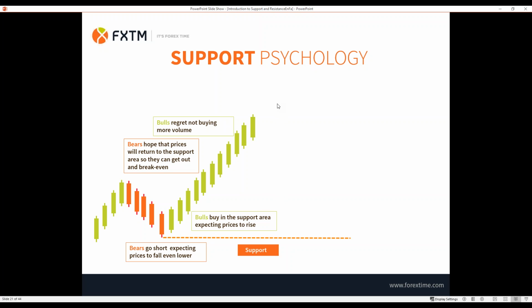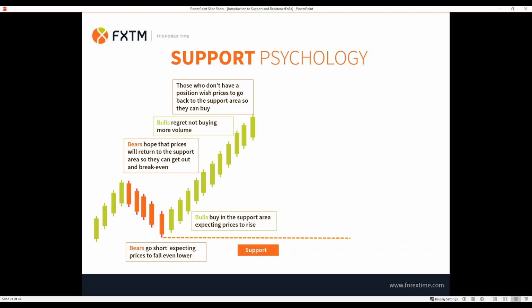And the market is going higher. And then there are traders who just turn on their laptop, they see their chart, and they say, we missed the party. And they wish that the market falls back to the support area so they can enter with a buy position.